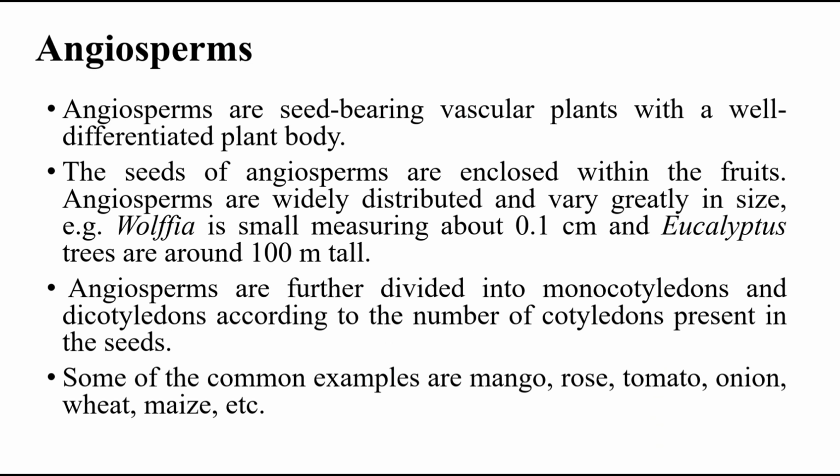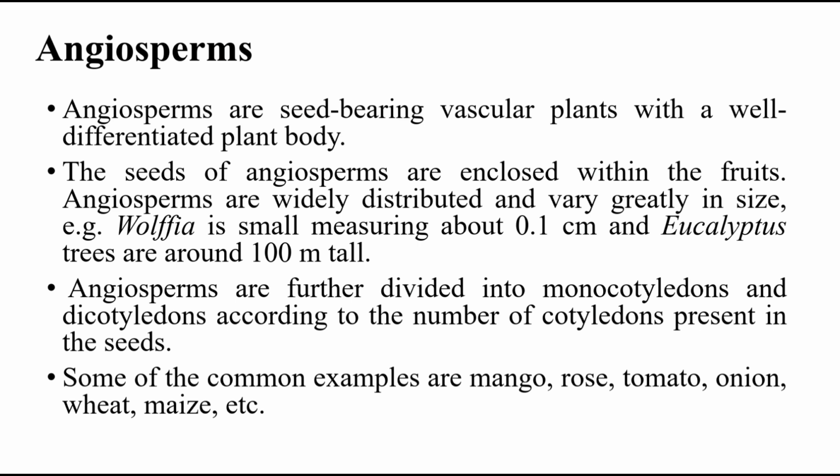Then angiosperms are seed bearing vascular plants with a well differentiated plant body. The seeds of angiosperms are enclosed within a fruit. Angiosperms are widely distributed and vary greatly in size. For example, Wolffia is the smallest angiospermic plant, about 0.1 centimeter, but eucalyptus trees are around 100 meters tall.